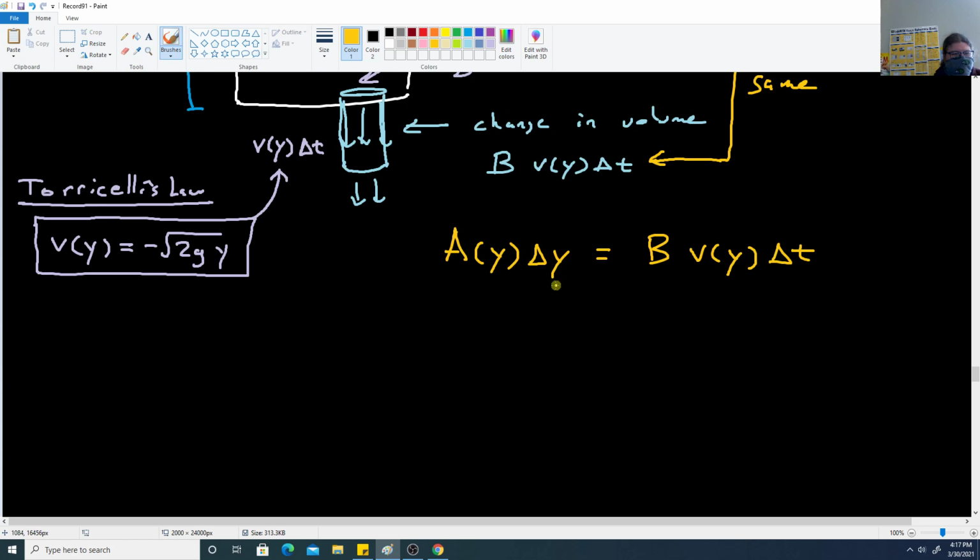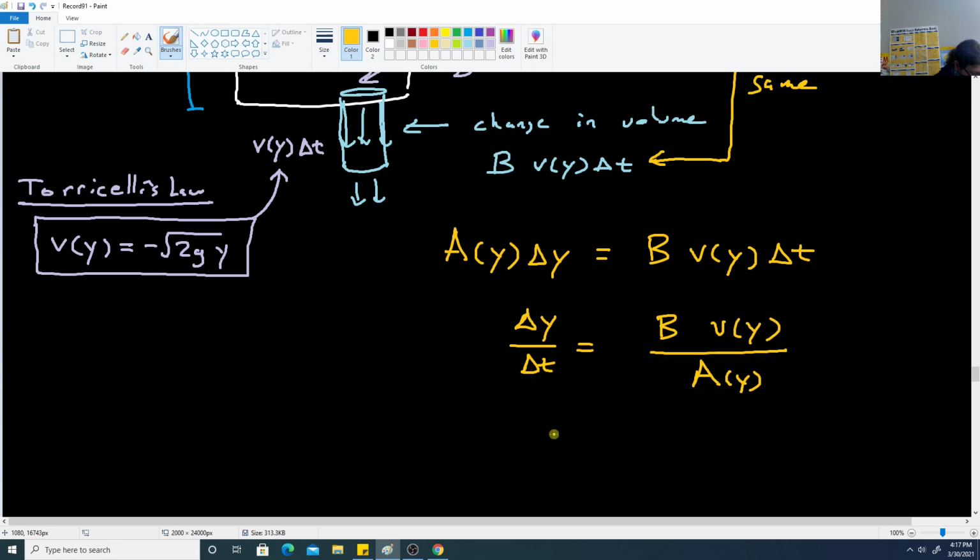And we can start working through this. I can divide by delta t and divide by A of y across, and we get delta y over delta t is the area of the hole in the bottom times the water velocity divided by A of y.